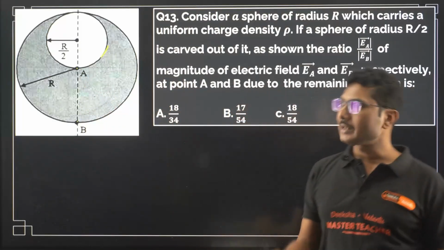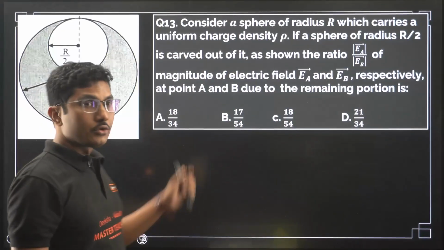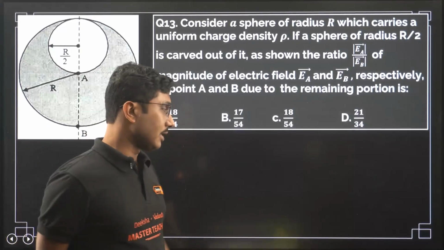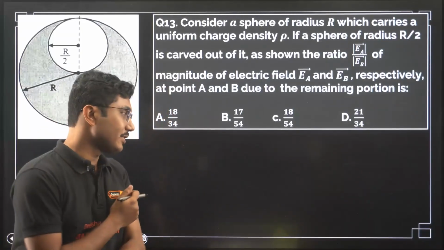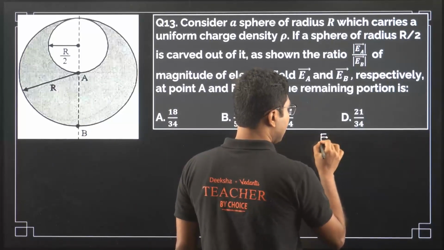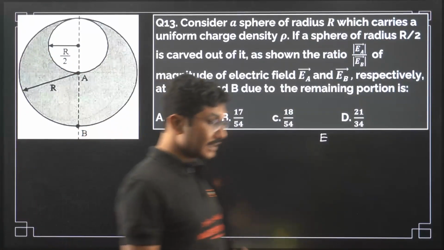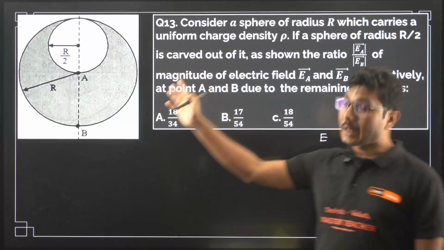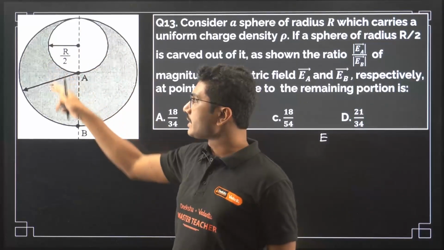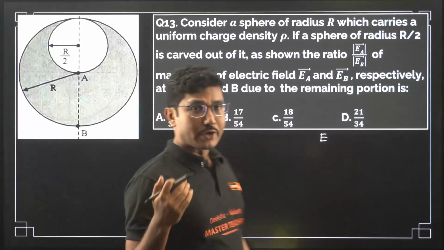Very, very interesting question. So how to do that? To solve this question, we have to know a few things. As I told you, I have not derived this during my lecture, but the formula you have to remember is the electric field due to a uniformly charged sphere. Here the sphere is not conducting obviously, and uniformly charged means there are charges placed inside the sphere as well. If it is a conducting sphere, it would have been easy.